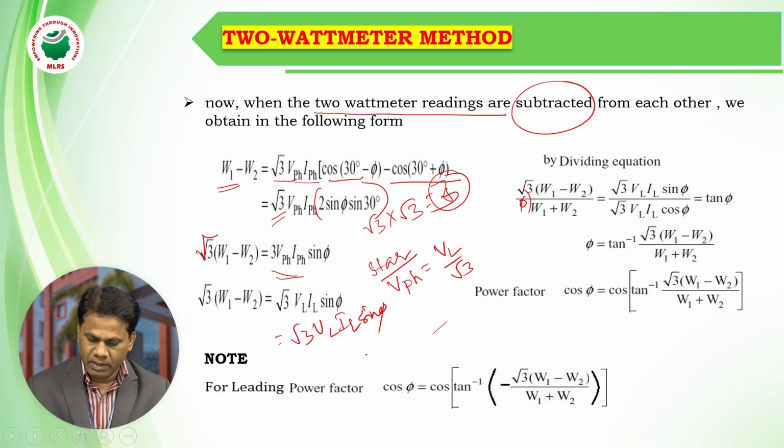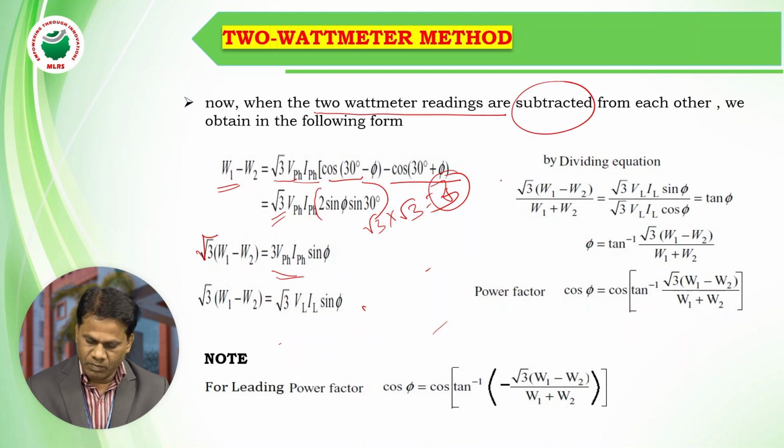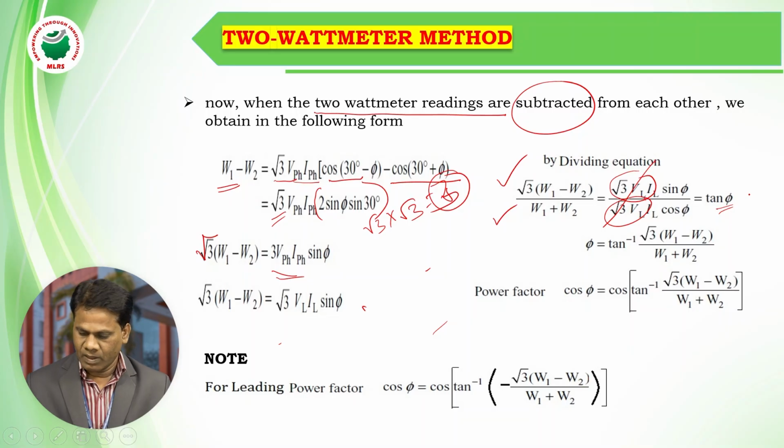By dividing this equation by the previous equation, we are getting root 3 times W1 minus W2 by W1 plus W2. Here these similar terms are cancelled. Sin by cos is nothing but tan, so tan phi. So we are getting phi is equal to tan inverse root 3 times W1 minus W2 by W1 plus W2.